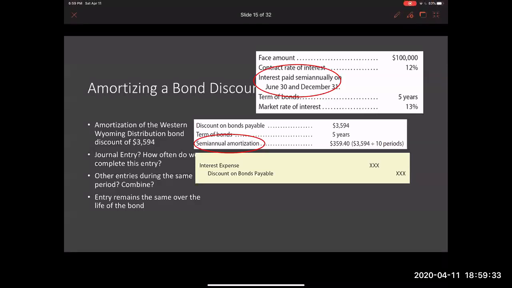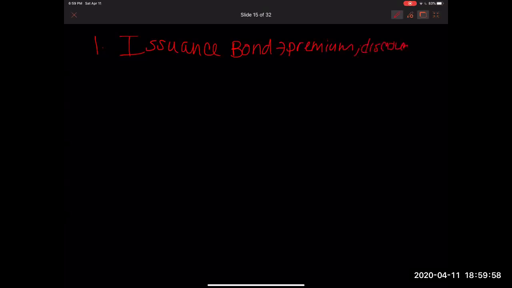Okay, so what I want to do for a second is show the steps. The first one is we're going to capture the issuance of the bond, whether it's for a premium or a discount or the face amount.